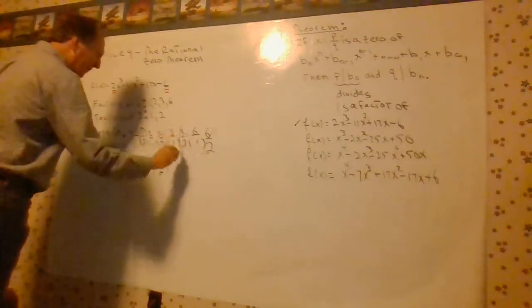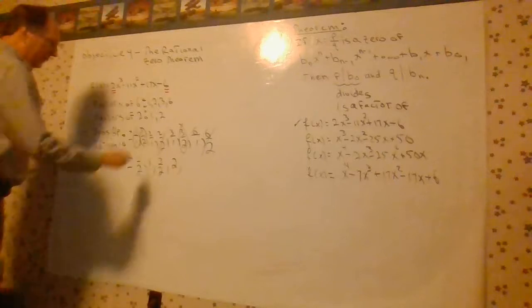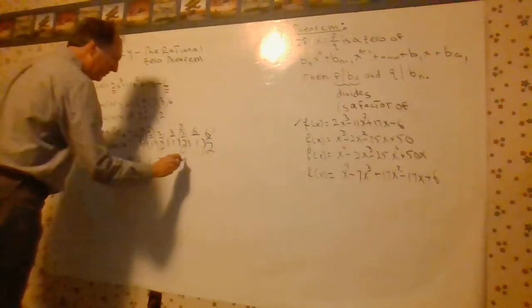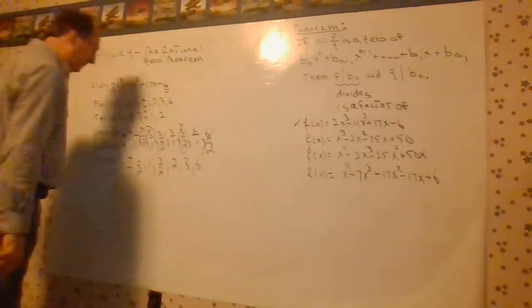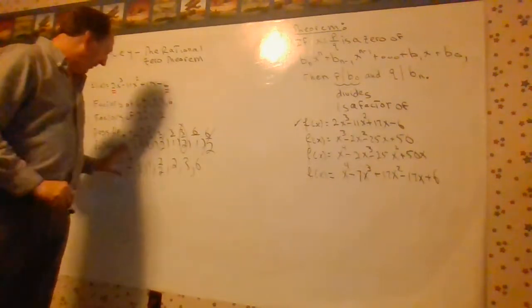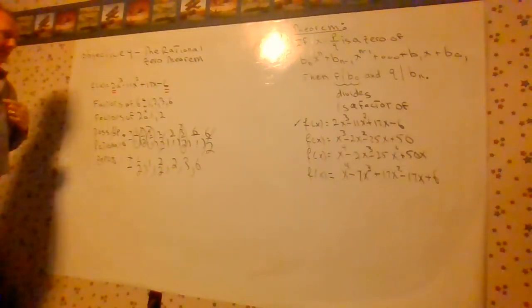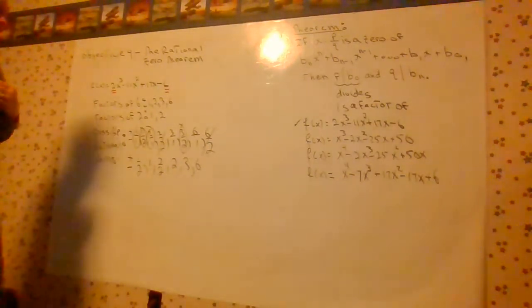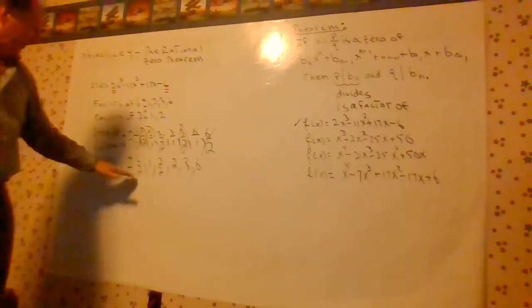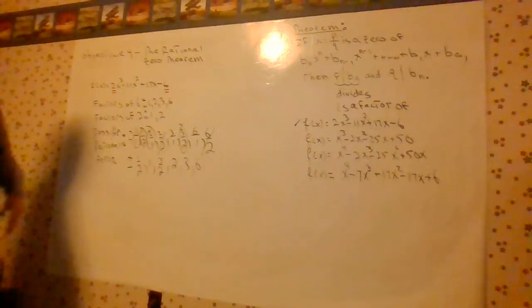If you're making a list, good idea, cross off the ones you actually do, then 2, then 3, and then 6. So we have 1, 2, 3, 4, 5, 6 times 2, 12 possible rational zeros. We narrowed it down. There's an infinite number of rational zeros, and now, if there are any, we've narrowed it down to 12 possibilities. Next, what we're going to do is just try something.